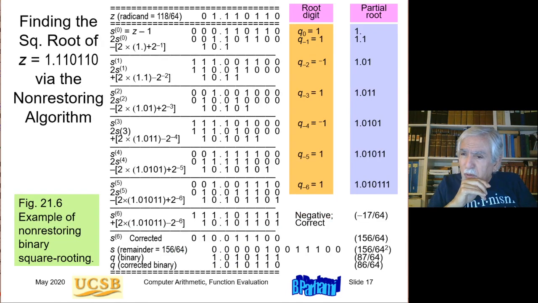Okay, but for now, ignoring that, let's look at the numerical example. The things that we are subtracting are the same as we did before, or in case the partial remainder goes negative, we add a similar term except there's a minus here, okay? So suppose I somehow magically compute that value. So 2 times 1.1 minus 2 to the minus 2.